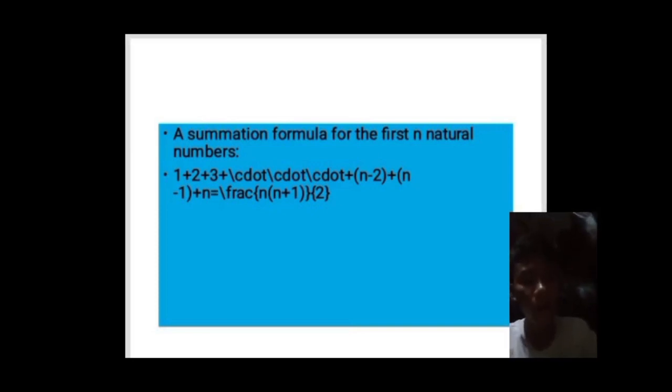Example: 1 plus 2 plus 3 plus ... plus n minus 2 plus n minus 1 plus n is equal to n(n plus 1) over 2.